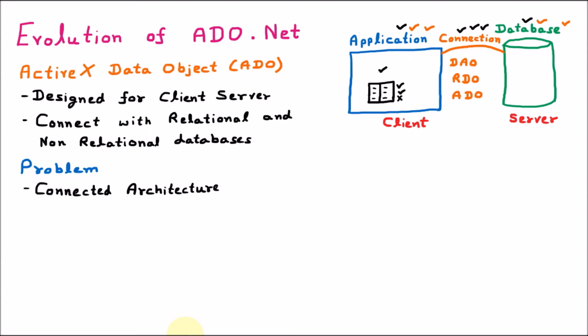So cost and practicality are the problem in connected architecture, because let us suppose we are writing to some file in the application, and in between the internet goes, maybe some connectivity problem, then the database will not be updated and the connection will be lost. So this connected architecture leads to security, performance and network issues.